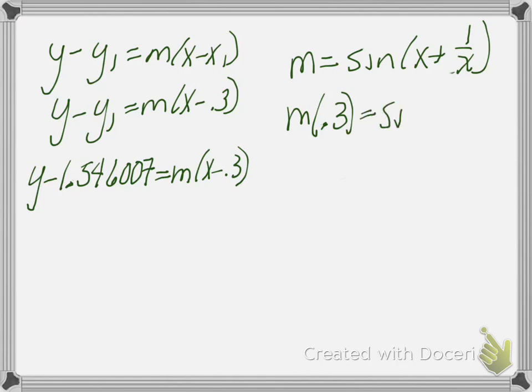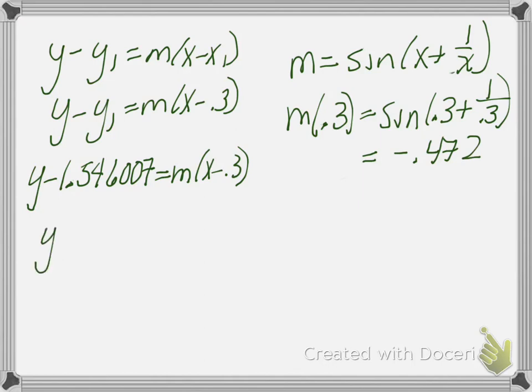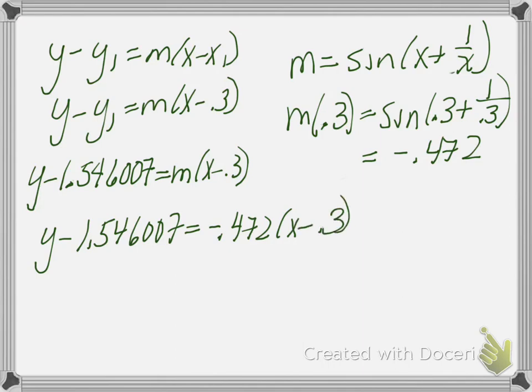So you're going to get sine of 0.3 plus 1 over 0.3. You're going to put that into your calculator, and you're going to get negative 0.472. So that's our m. Okay, and that is our tangent line.